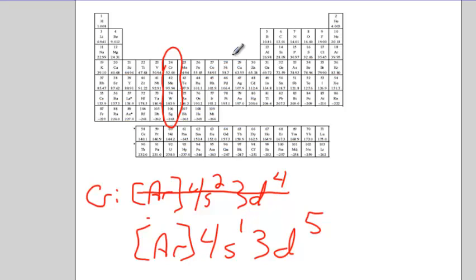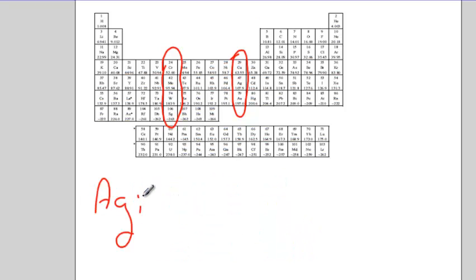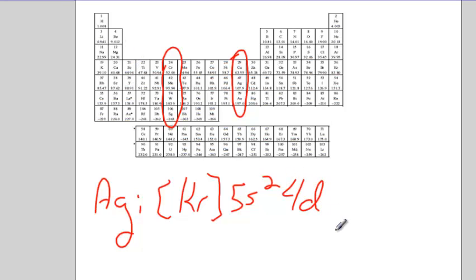That is equally true here of d9s. Something like silver will be krypton, and then 5s2, 4d9.